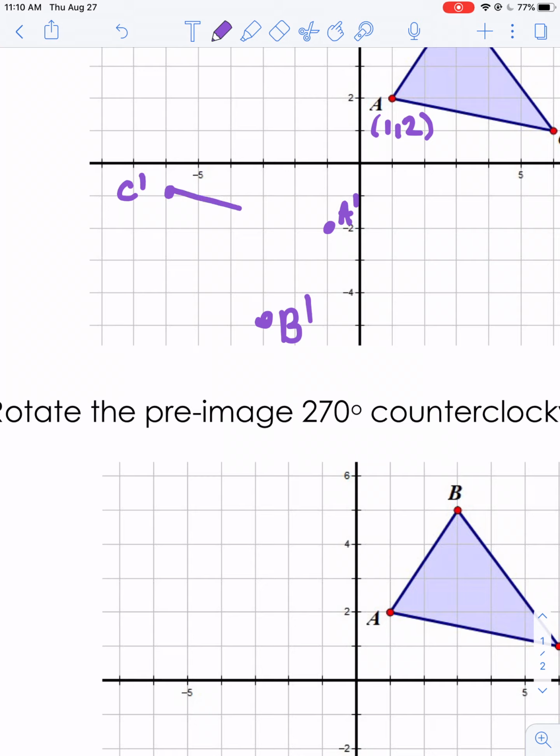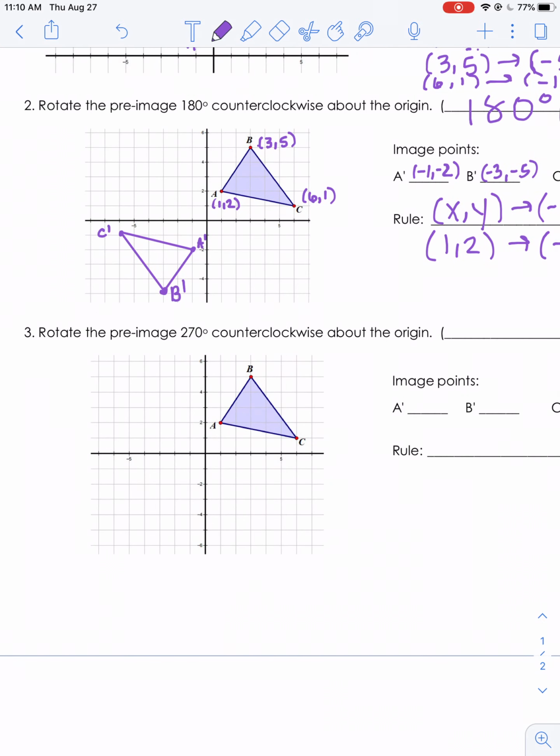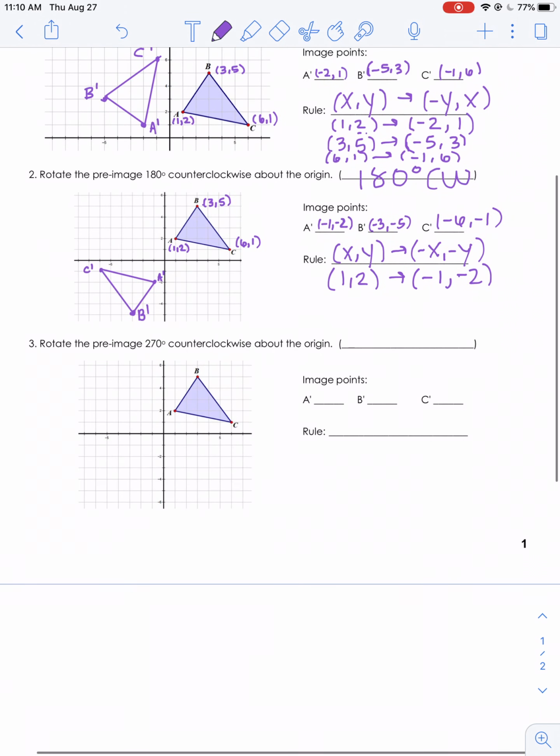And now I connect the dots. And there is our image, right? A prime, B prime, C prime is the rotated triangle. Notice how when it rotates, it moves around on the grid, but the triangle itself also is spinning. It's like it moves around the grid in a circle, and then it also itself spins in a circle.